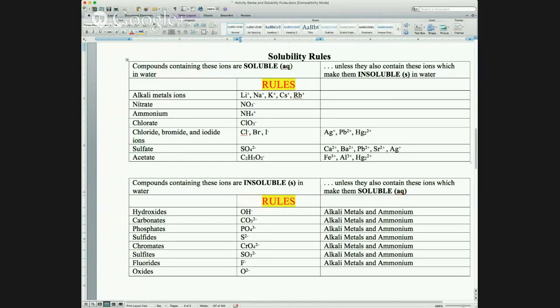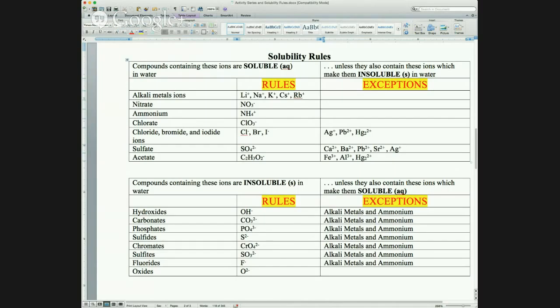Okay, that means that this side, they're not rules, they're exceptions. Okay, so let me copy and paste that down here. So the rules are all in the left column, the exceptions are all on the right.